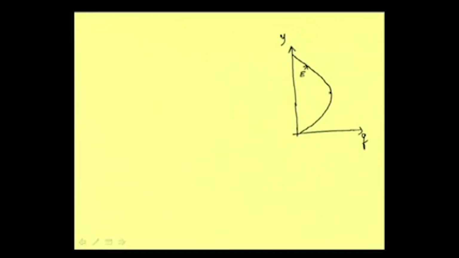Again, this point is critical depth. So, once we know the critical depth, then we know one more point, that depth above critical depth is subcritical and this is supercritical.